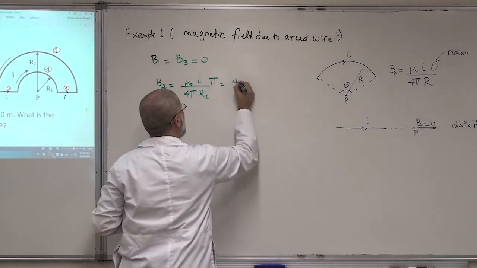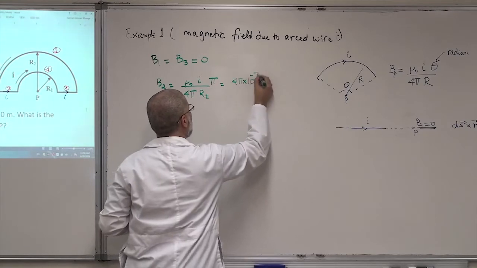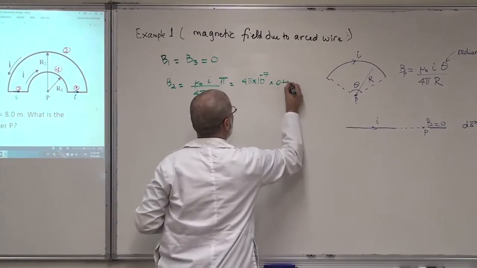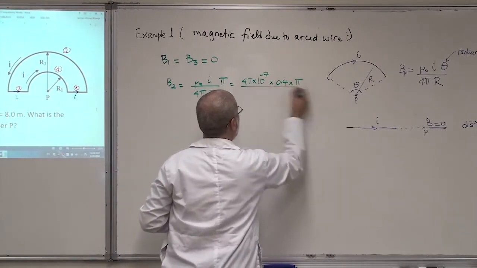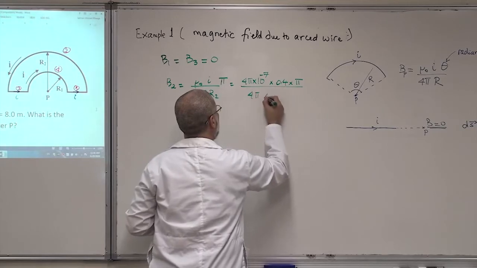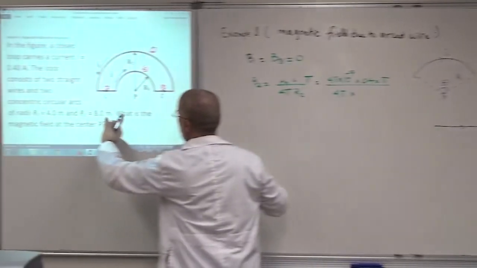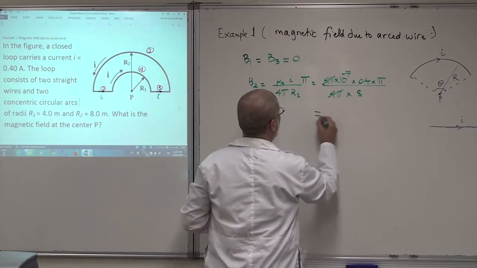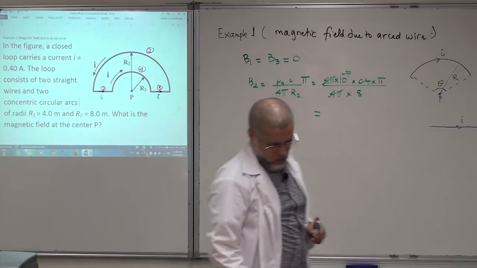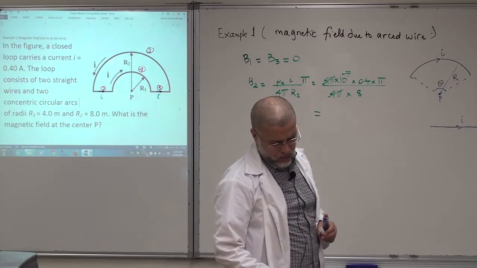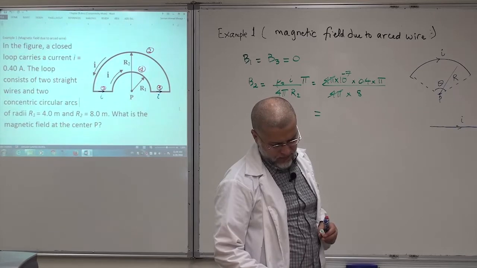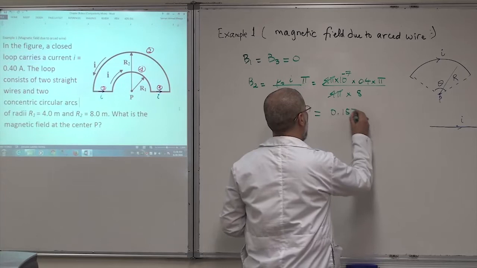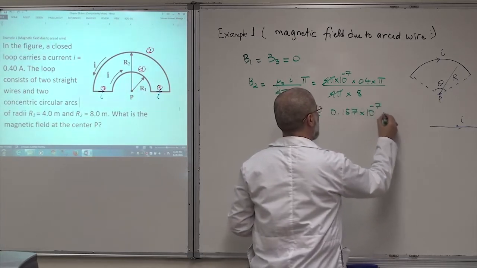So this will be 4 pi times 10 to the power minus 7, that's the mu0, times the current 0.4 ampere, times pi, the angle, divided by 4 pi, times the radius R2, which is 8 meters. So this 4 pi cancels here, and if you do the calculation correctly, you should get for B2 0.157 times 10 to the power minus 7 Tesla.